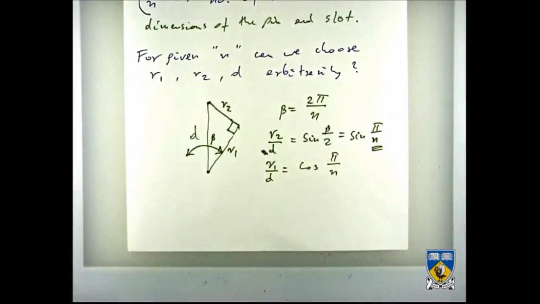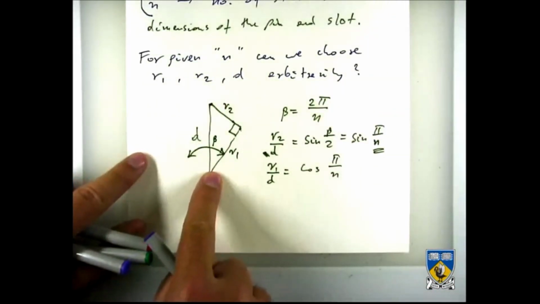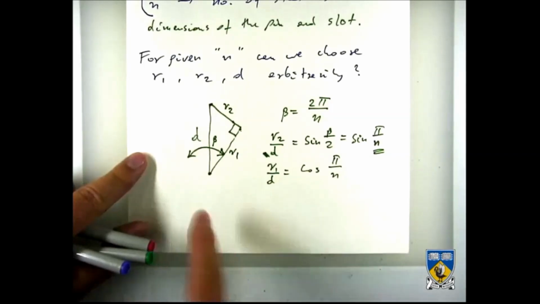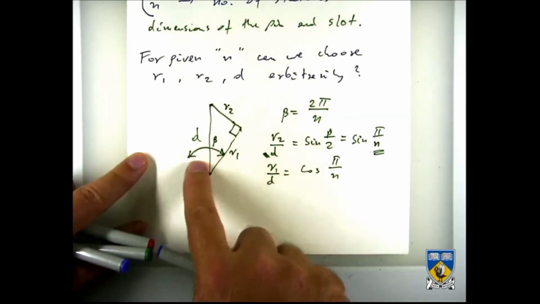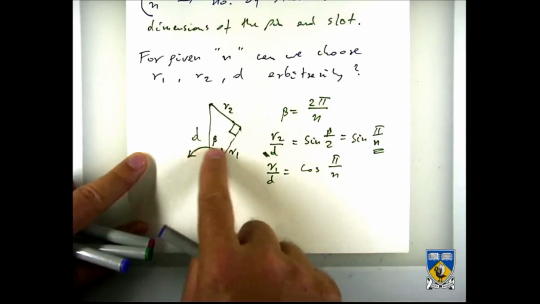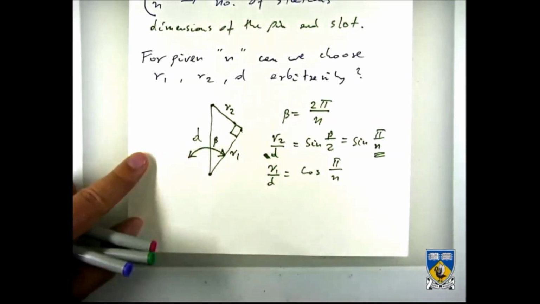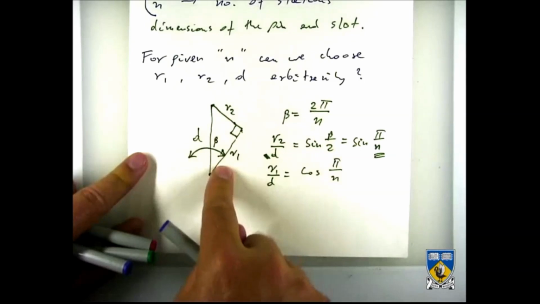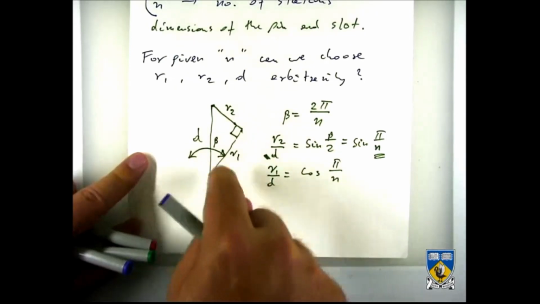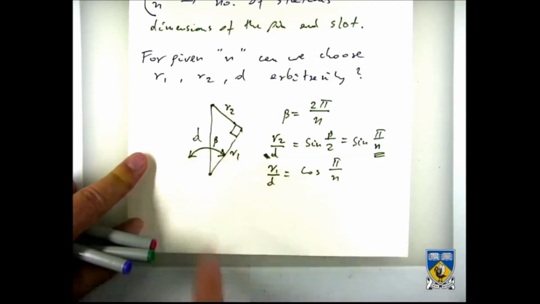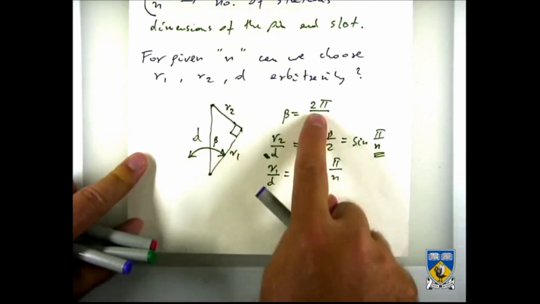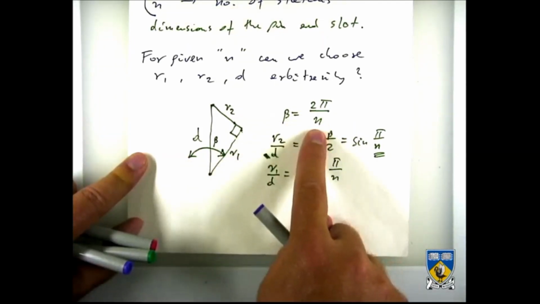So this is the green triangle we are dealing with. Angle beta is the angle between slots. The nomenclature I am using here is directly taken from the slang of people dealing with Geneva mechanisms. So they usually call it beta. And beta, of course, is 2 pi divided by the number of stations.